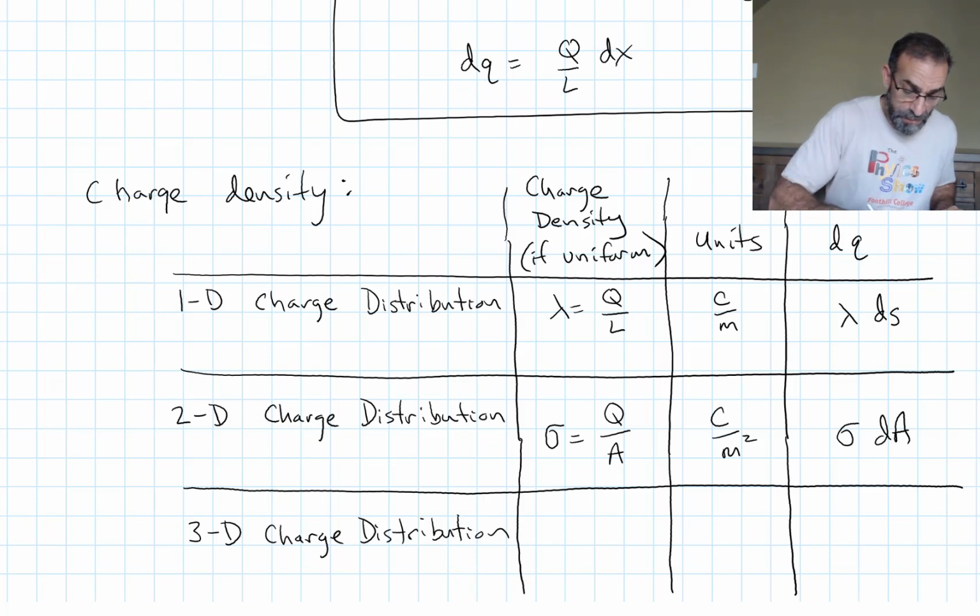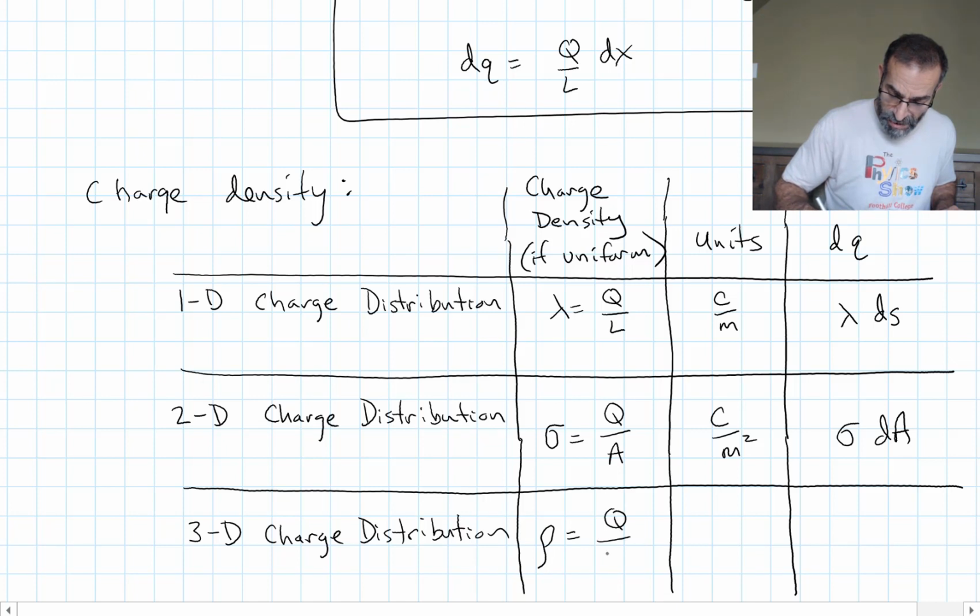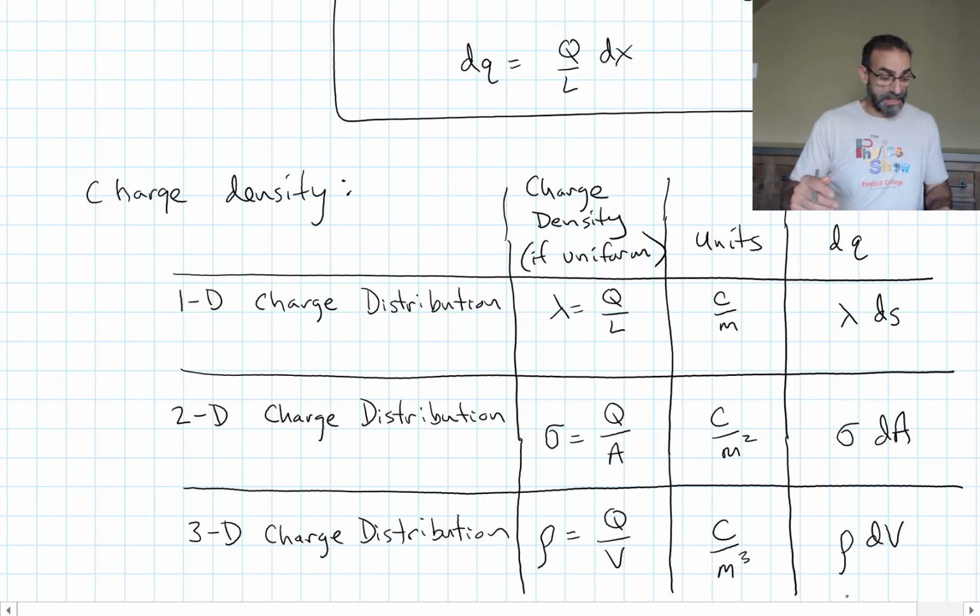We use rho for our charge density symbol, and that would be the total charge over the total volume if the charge was uniformly distributed, which means the units are coulombs per meter cubed, and rho dV would be our dq, and so our volume element, of course, means we have a triple integral to do there. Hopefully this looks familiar from mechanics. You did center of mass and calculated the center of mass of an odd-shaped object given some density distribution. We used very similar techniques there.